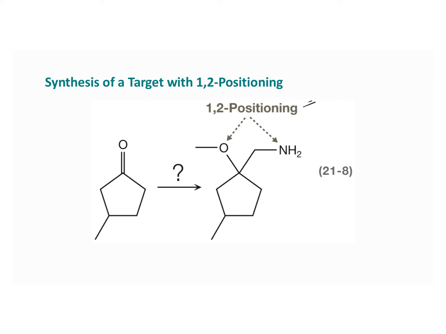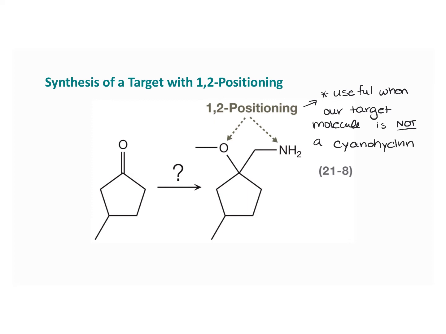So knowing this is useful when our target molecule is not a cyanohydrin, but still has heteroatoms with 1-2 positioning, right?